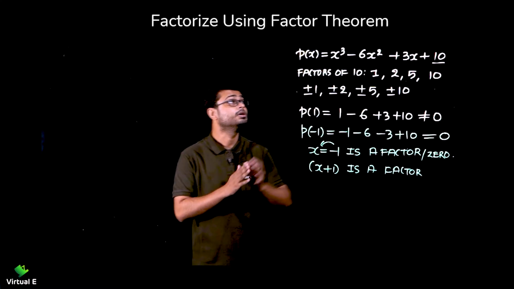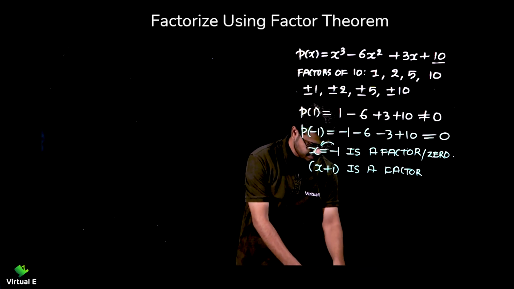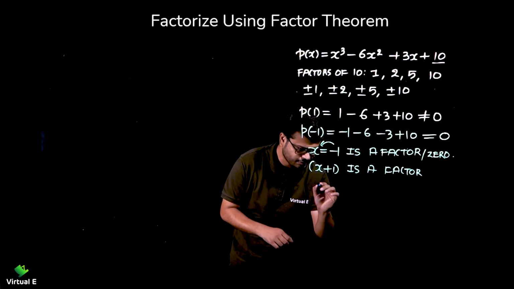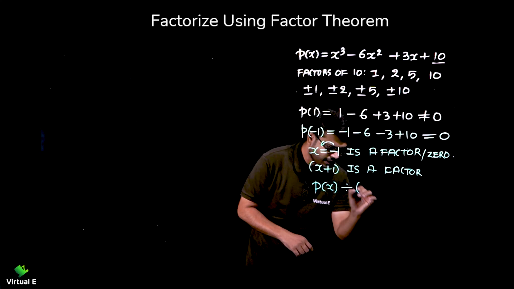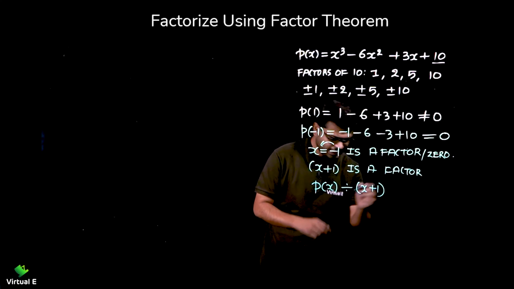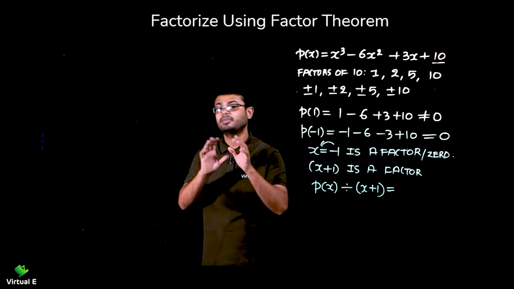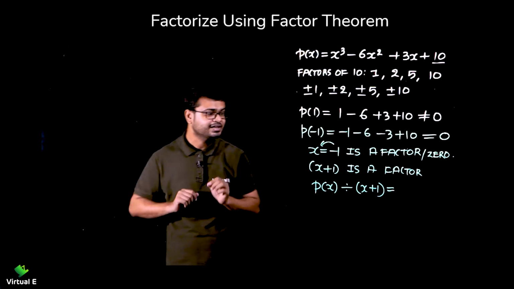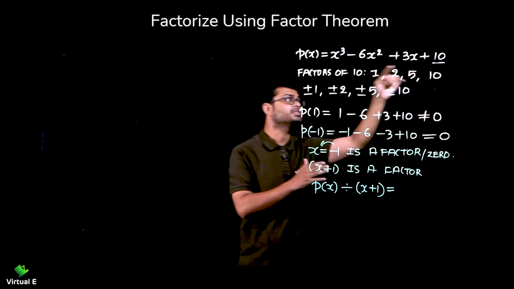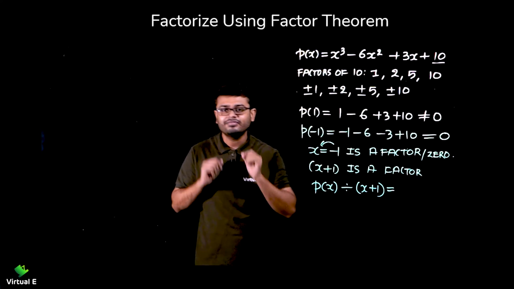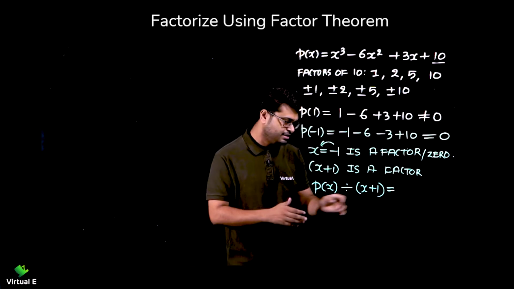Now we will divide p(x) by x plus 1 and we will get one quotient. Now remember, we are not going to get a remainder in this case, because x plus 1 is a factor of this polynomial. So when you divide by the factor, the remainder will be 0.